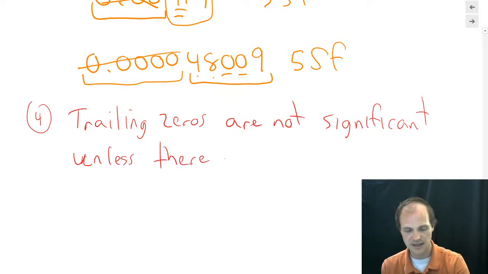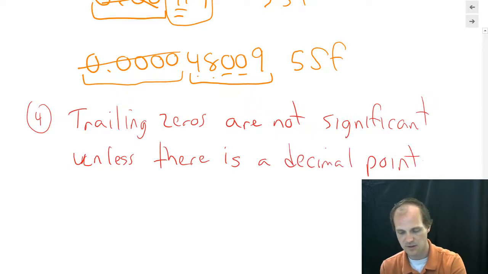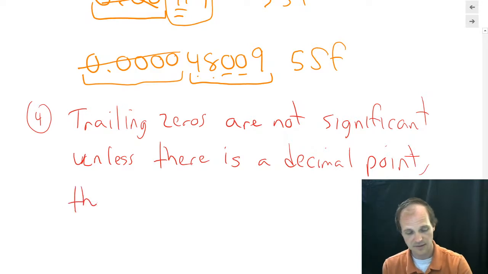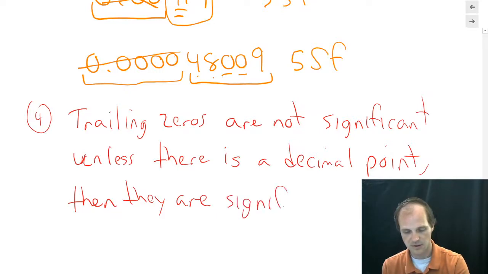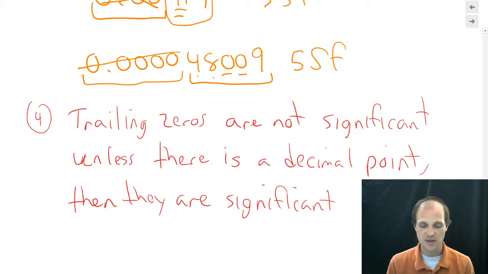Unless there is a decimal point. Then they are significant. So trailing zeros are not significant unless there is a decimal point, then they are significant. You're like, whoa, that's a little weird. I call it the magic decimal.